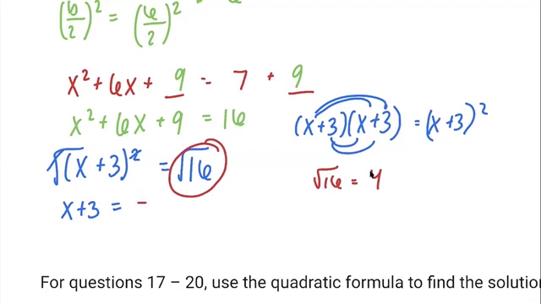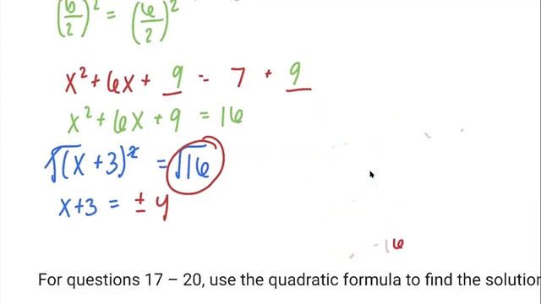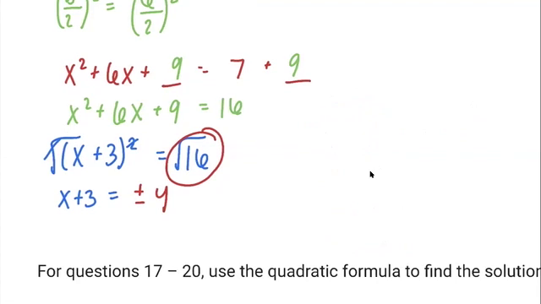But it is plus or minus 4 because, as we found out, negative 4 squared is 16 as well as 4 squared gives me 16. So we're not really sure. It could be positive or negative 4. So then what we do is we set up 2 equations: x plus 3 equals positive 4 and x plus 3 equals negative 4.